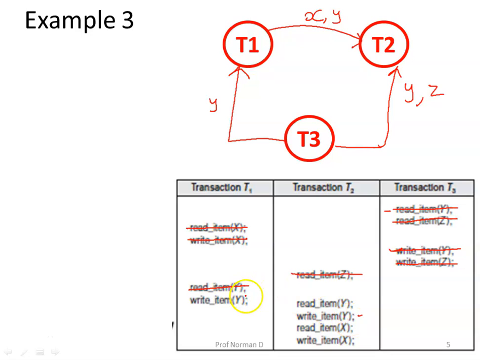So an edge from T1 to T2 on Y is already there. So now no more instructions to be compared.